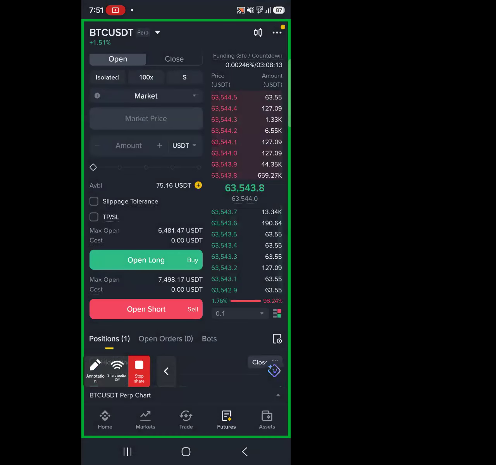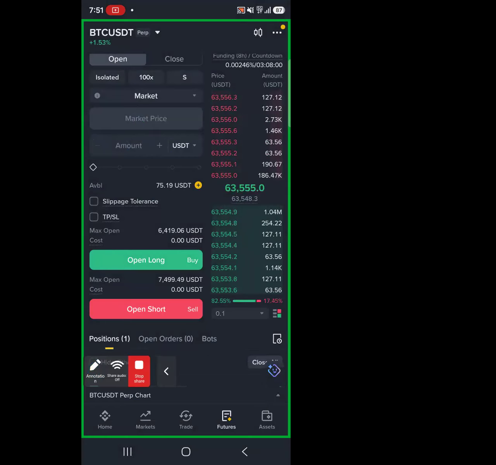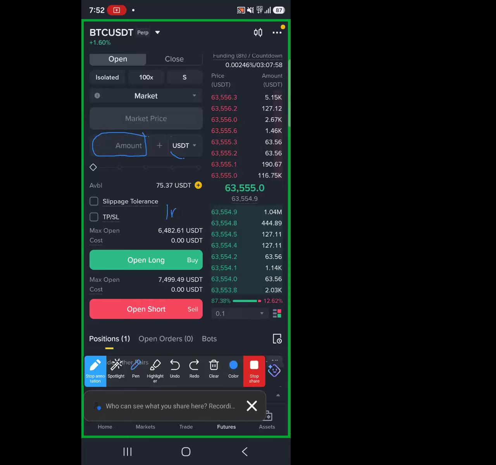Now, when that is done, you see here the amount. At this point, this is where you enter your initial opening amount.